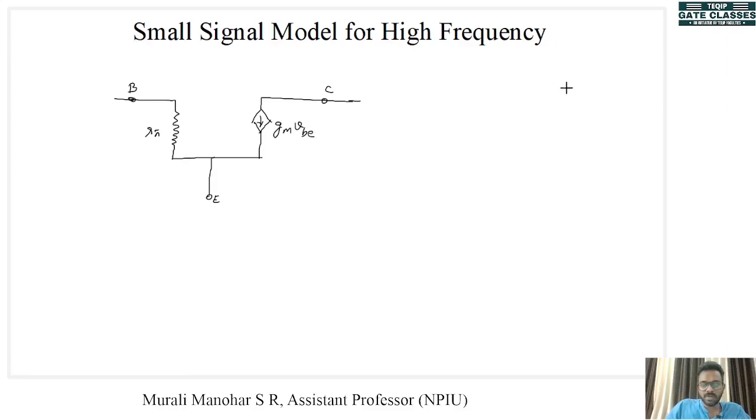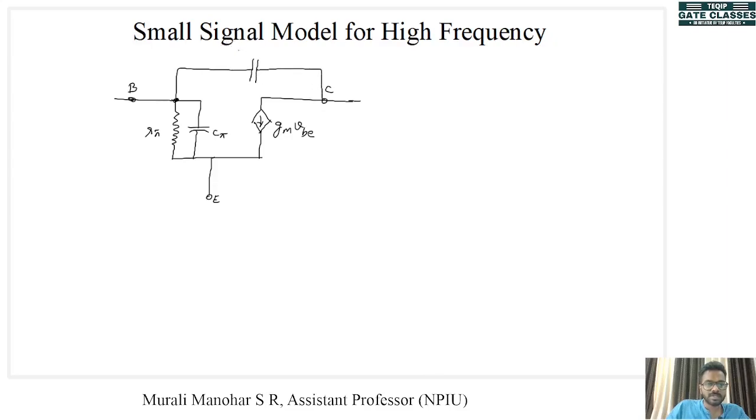Now this is high frequency model, so we have to consider the capacitance also. So between base and emitter we have a capacitance. We can call it CD or C pi. So there is our C pi. And between base and collector we have another capacitance, because this is the reverse biased junction.